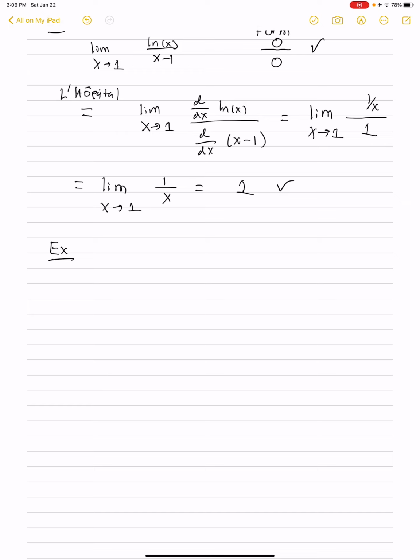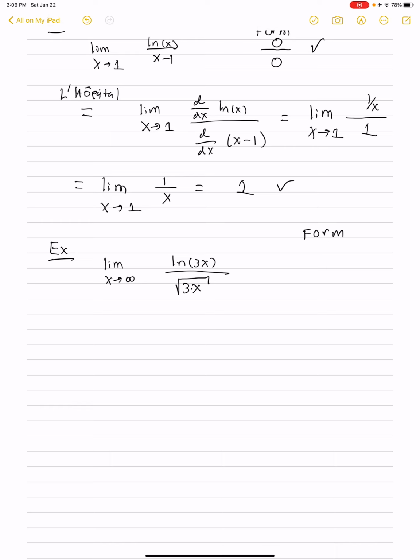This example is going to be this limit as x tends to infinity of ln of 3x divided by square root of 3x. Okay, well, the first thing to do is to ask if you can use L'Hopital's rule. In this case, that amounts to asking for the form.